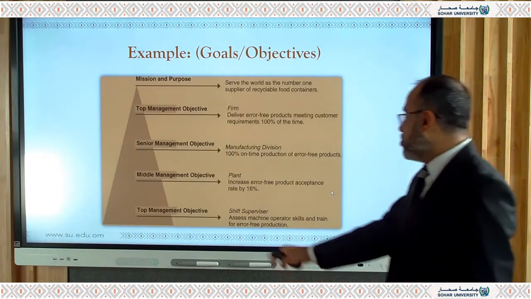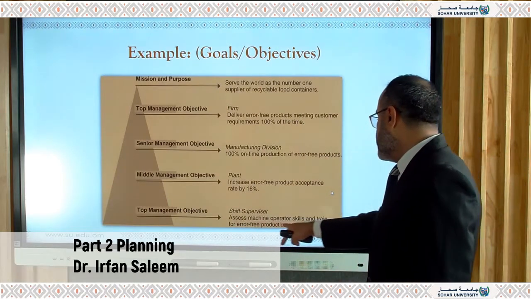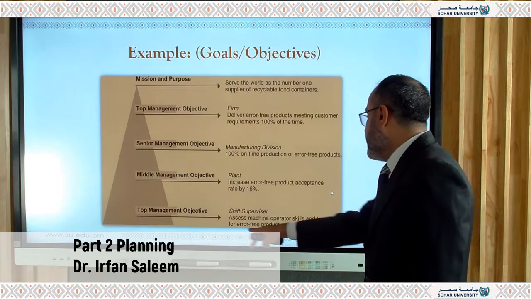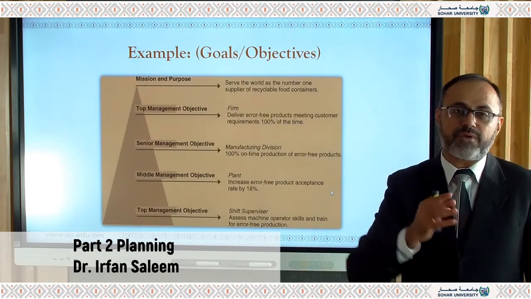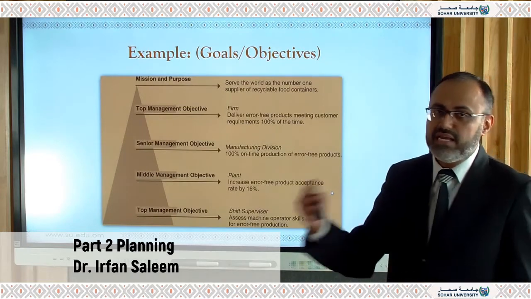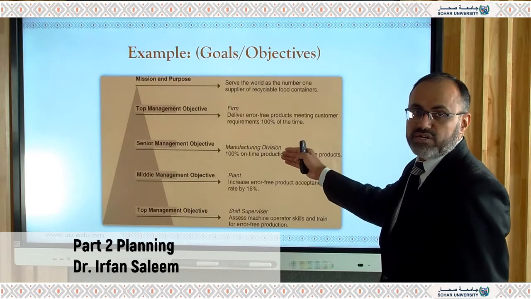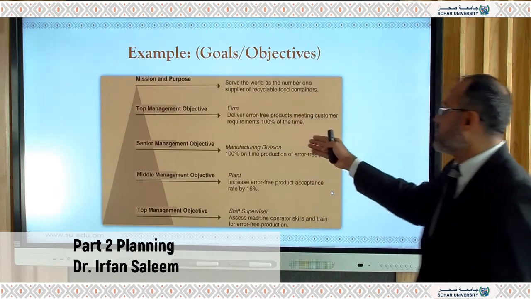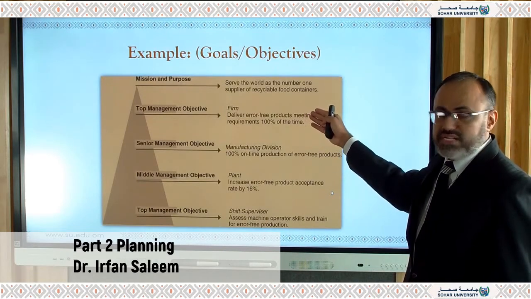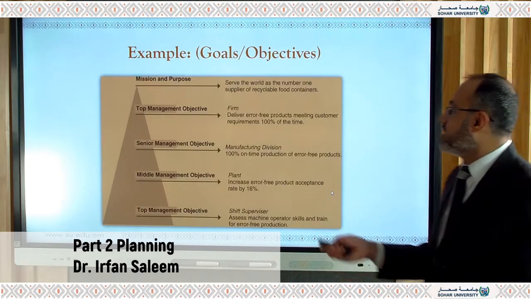Then the shift supervisor, further down the hierarchy, assesses the machine operators' skills and trains them for error-free production. He is worried about whether the machines and their operators are working properly, and they will further contribute to the 16%. Finally, 100% on-time production will come, and then they will achieve that goal, that the customer's requirement is fully met, and the main mission will finally be achieved.